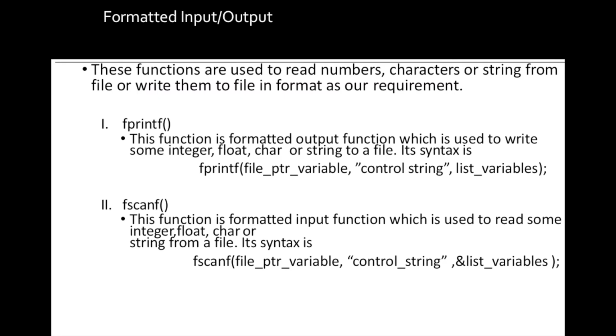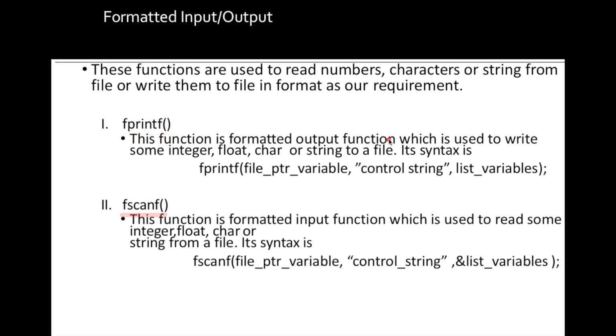And the last input output functions are fprintf and fscanf. These functions are used to read or write numbers, characters or strings from the file as per our requirement. So far we can write one character or a string into a file, but if I want to write an integer or a float, we have to use the fprintf and fscanf functions.